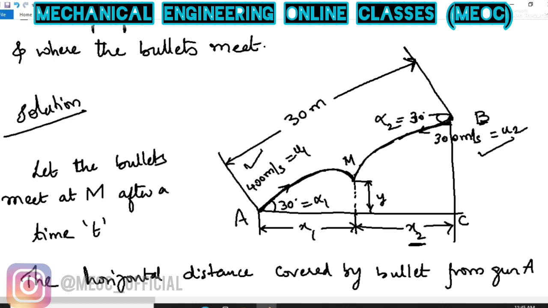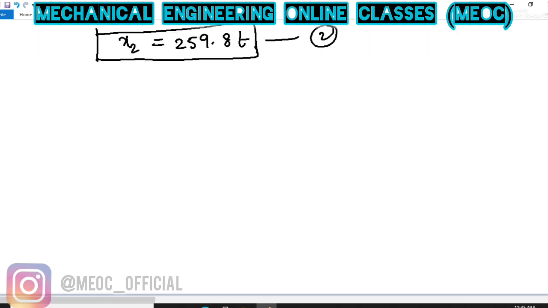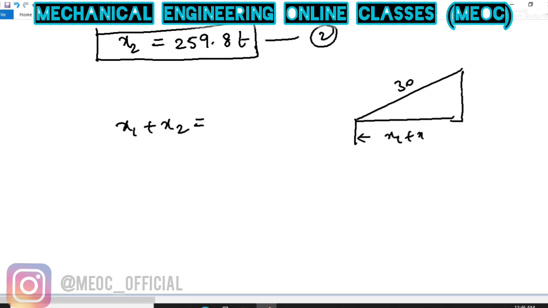So from the figure we can write, because AC and BC are at right angles, so we have something like this. A to C is this line, C to B is this line, this is 90, this is given as 30, and this A to C is nothing but x1 plus x2. We can write x1 plus x2 as, this is 30, this is x1 plus x2, this is given as 30.